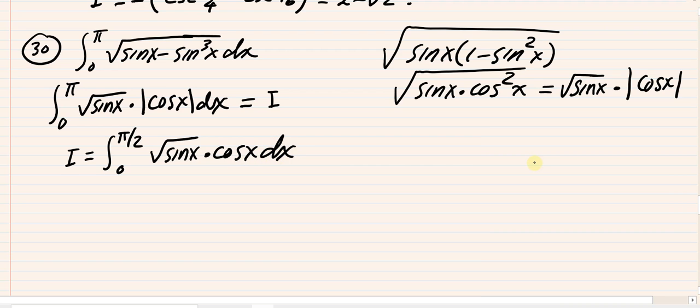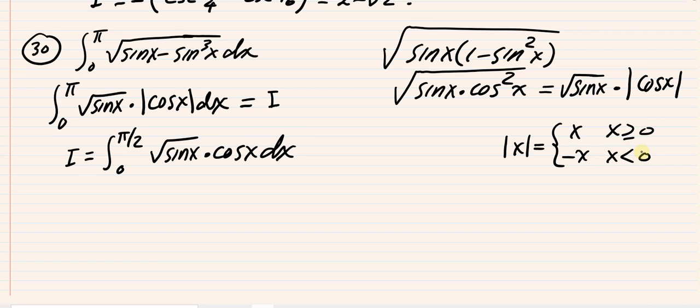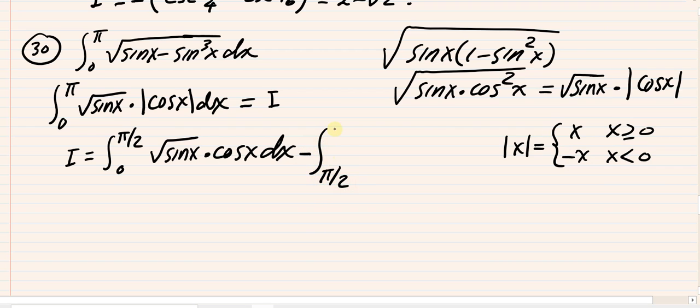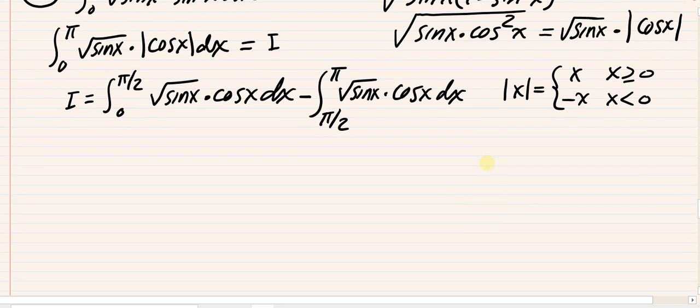Remember, the absolute value of x is x if x is positive, and negative x if x is negative, and cosine is negative in the second quadrant. So the first part is positive, minus the integral from pi over 2 to pi of the square root of sine x times cos x dx. This is the only way to get rid of the absolute value here.